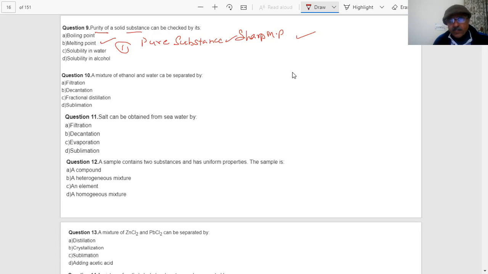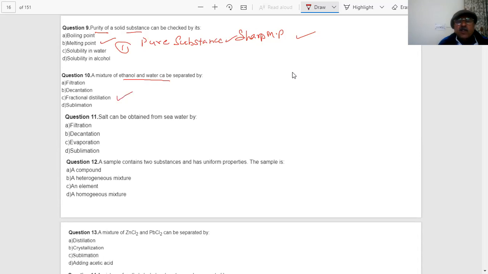Next question on the screen, student. A mixture of ethanol and water can be separated by, students. You have two liquids, so fractional distillation.